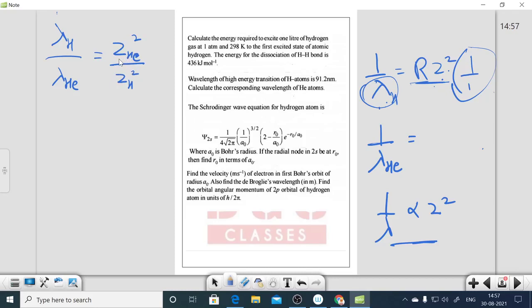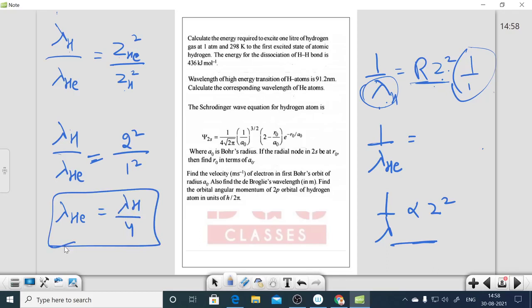You have 2 square is 4, and this is 1 square. So lambda H upon lambda He is 2 square upon 1 square, and you can easily find out lambda He. Lambda He is lambda H by 4. You will get it. The value is given already.